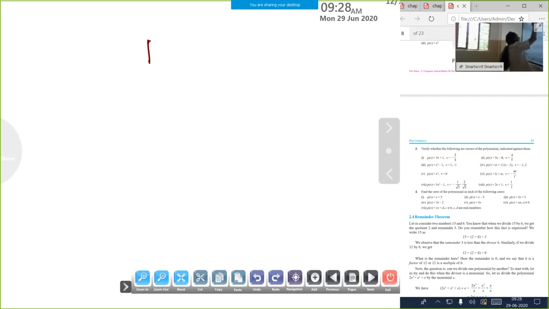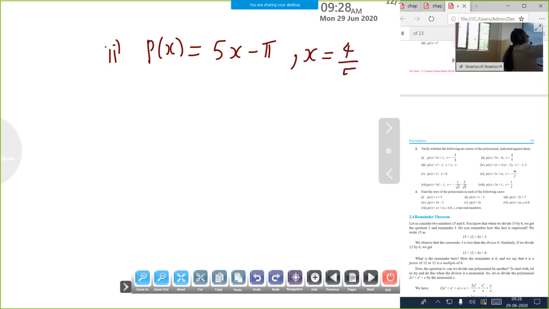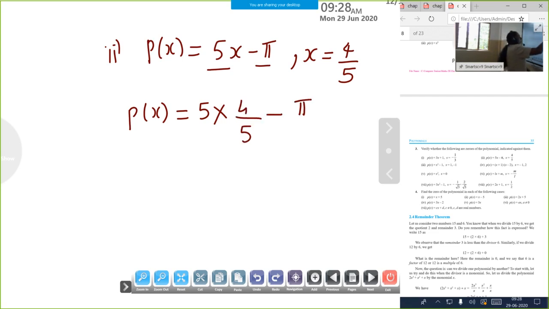One more question. In that exercise, your second part, P of x is equal to 5x minus pi and the value given there is x is equal to 4 by 5. Your question is to check whether 4 by 5 is a zero of the polynomial or not. P of x equals 5 into, what is x? 4 by 5, minus pi.